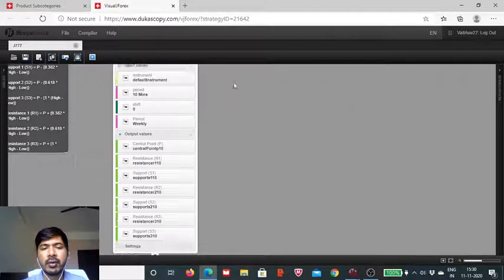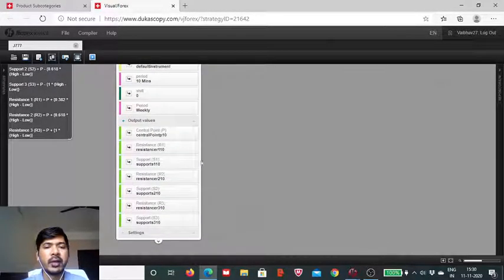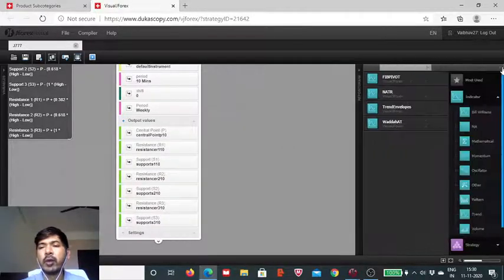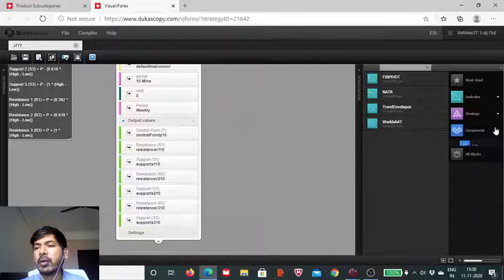And then you can take any output values as you want to set conditions, and use them for defining the conditions or simply to do further calculations. So there are multiple ways in which these output values can be utilized.